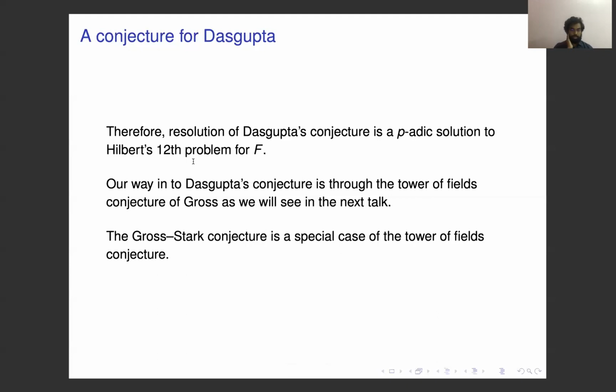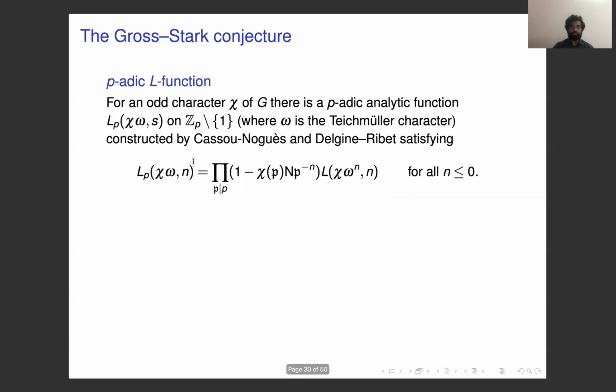So the plan for the rest of this talk is to give a formulation of the Gross-Stark conjecture as it was first stated, and then give a reformulation which will motivate the Tower of Fields conjecture that we'll see next time. Okay, so here's the statement of the Gross-Stark conjecture. First I need to introduce the p-adic L-function.